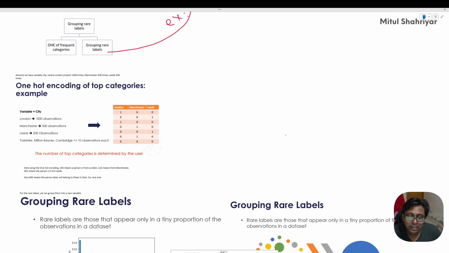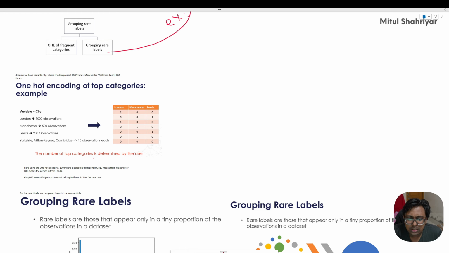What you can do here is, for example, assume that we have London, Manchester, and Leeds, these cities, no problem. London has 1000 observations, Manchester has like 500 observations, Leeds has 200 observations. So that's great. These three are the top categories, and the number of top categories is determined by the user.